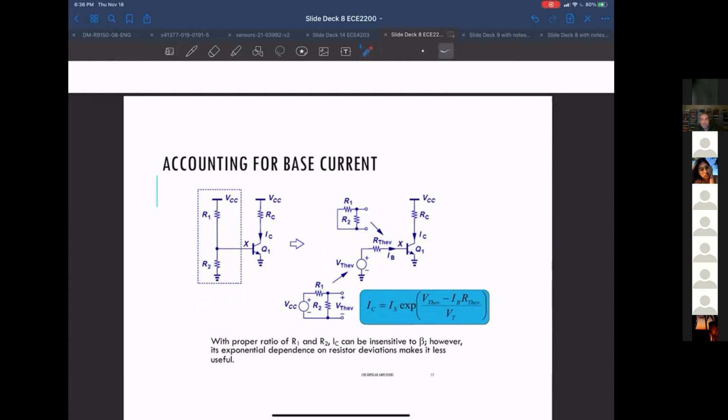I'm going to leave that. There's an example and a description of it in the book. All you're doing is changing this into the Thevenin equivalent and using that in your model here.